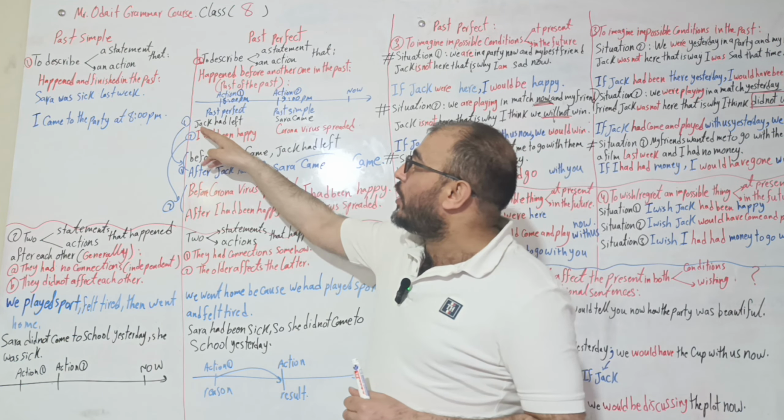So we have here two actions. The later one, or the second one, was Sarah coming, while the older one was Jack leaving the party.